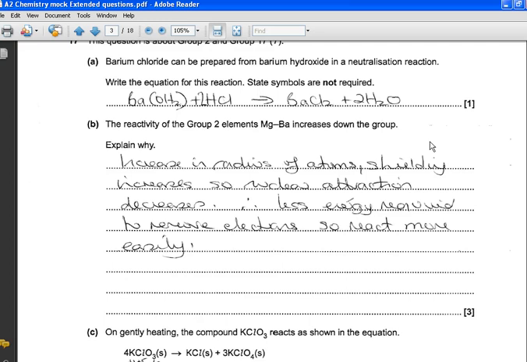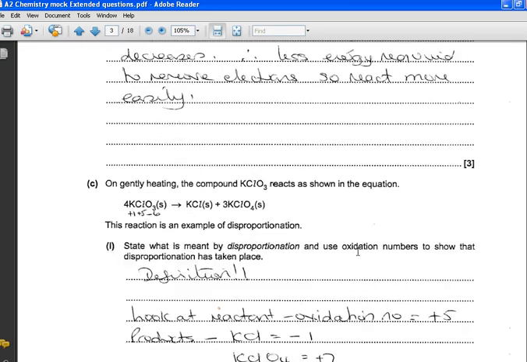So you need to think about the factors that affect reactivity. Again, this is AS stuff: an increase in the radius, which increases the shielding, which reduces the nuclear attraction, and therefore less energy is required to remove outer electrons. So obviously they're going to react more easily.